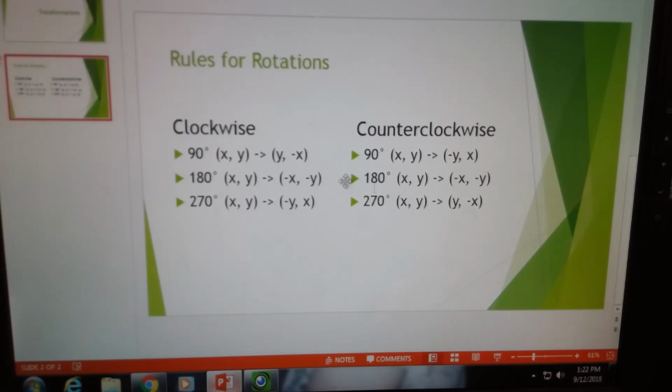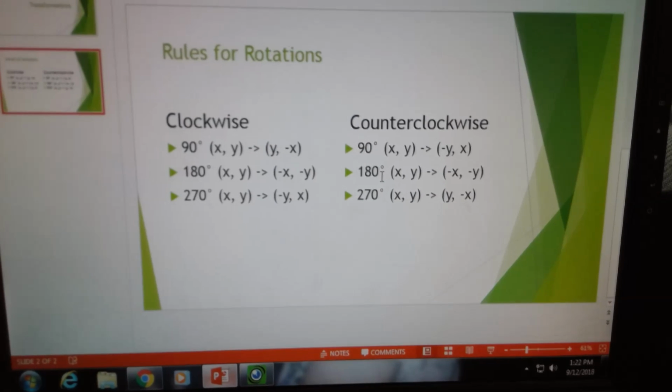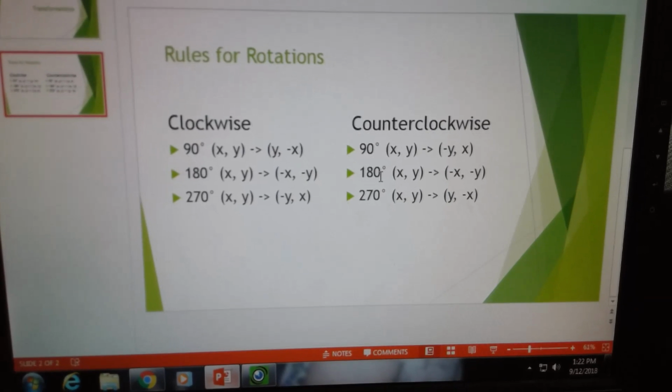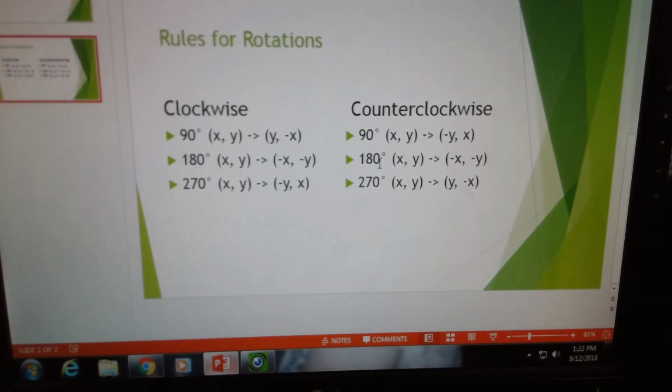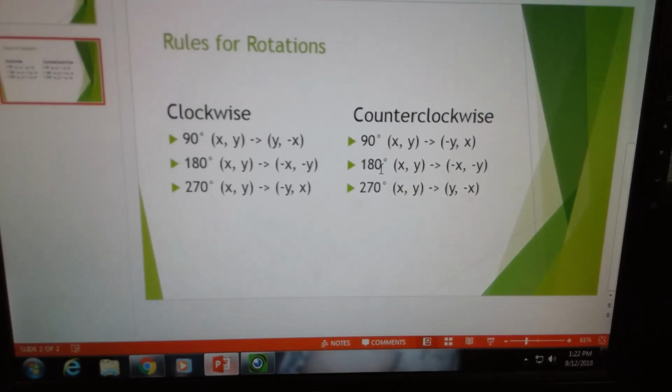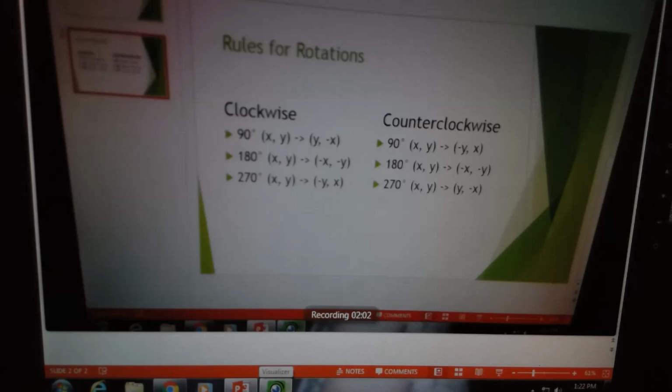180 degrees, if you notice, going either way is going to be the same. Why is that? Because 180 degrees is the halfway point.